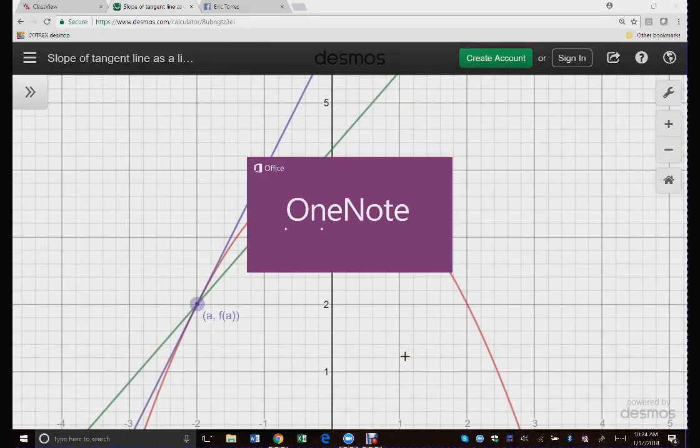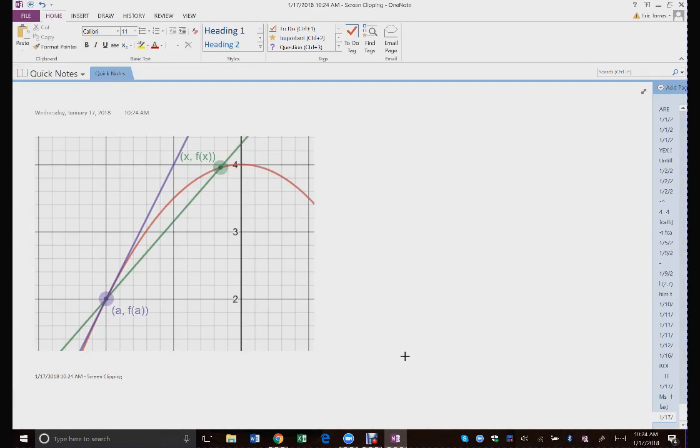Now, the only thing I'm going to do this time is introduce the change in x, and we know my change in x is x minus a. Now, I'm going to introduce a new symbol for that, and we're going to call this distance h.